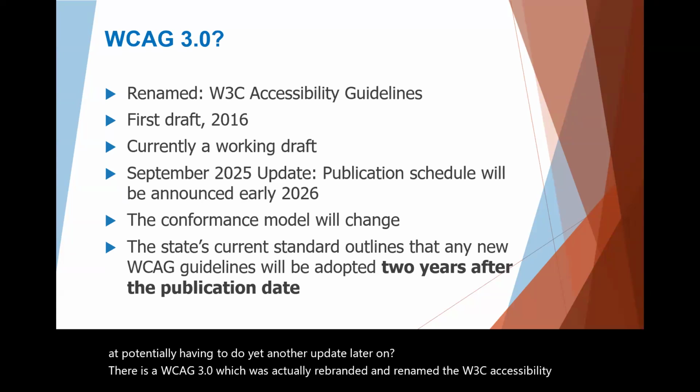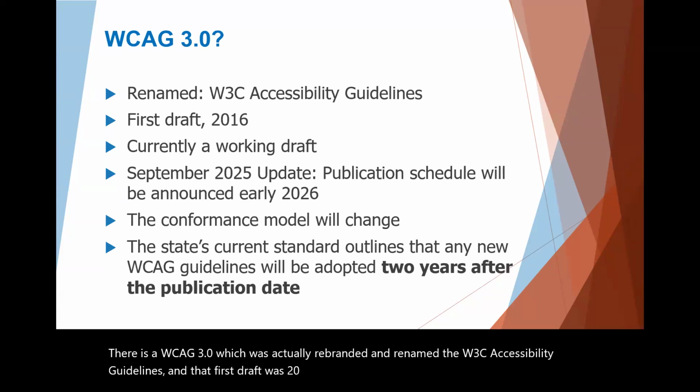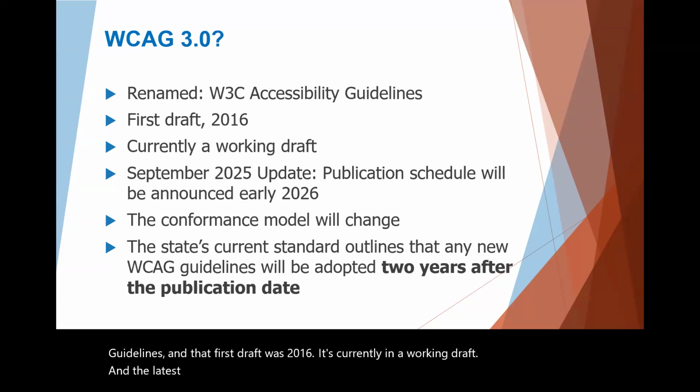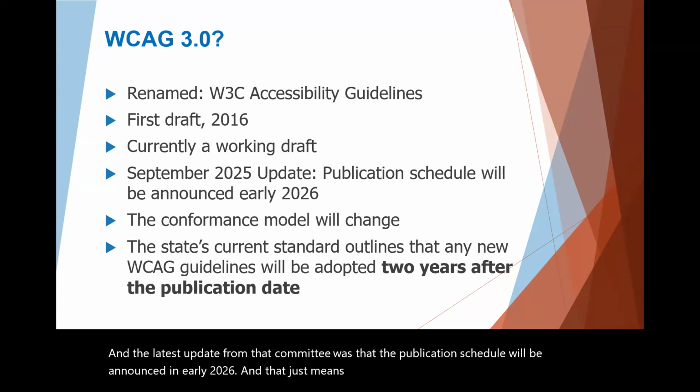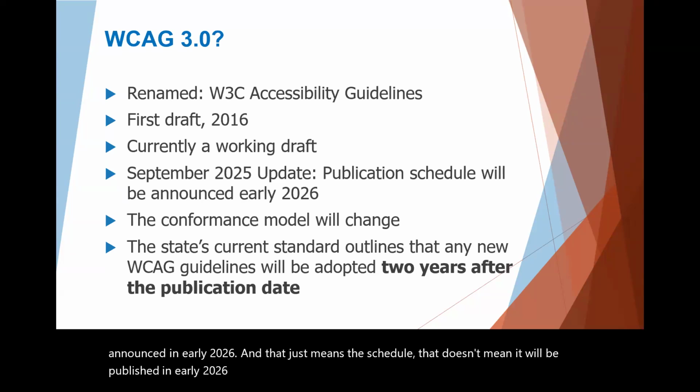The first draft was in 2016. It's currently in a working draft, and the latest update from that committee was that the publication schedule will be announced in early 2026. That just means the schedule; it doesn't mean it will be published in early 2026. And the way that you conform, the model of it, changes.